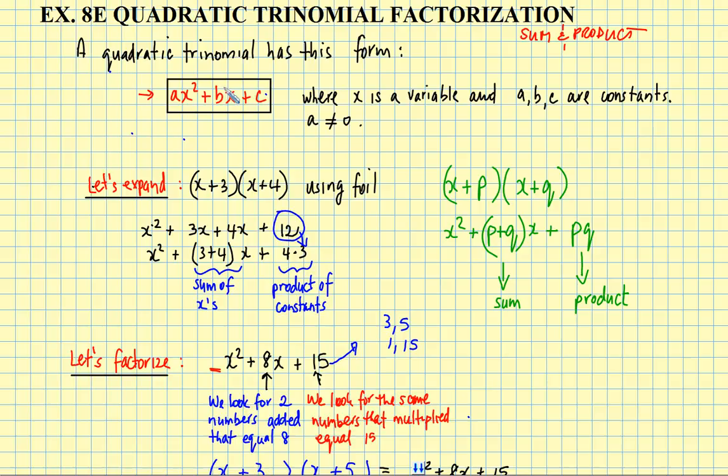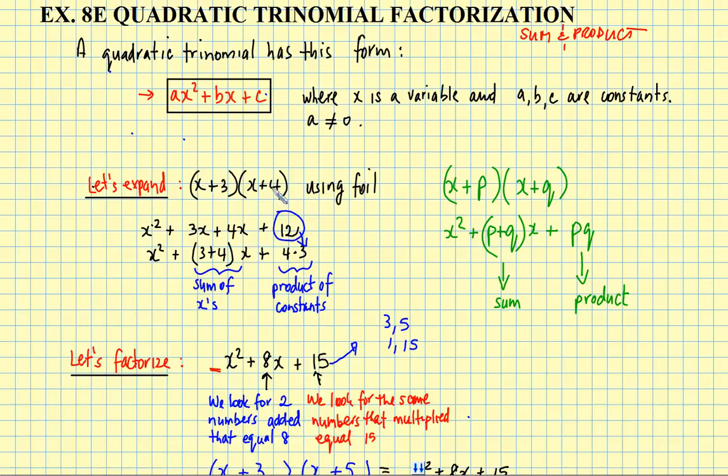All right, now, if we were going to expand x plus 3 times x plus 4, what we would end up getting is x squared plus 3x plus 4x plus 12. So what does that mean when we're using FOIL?